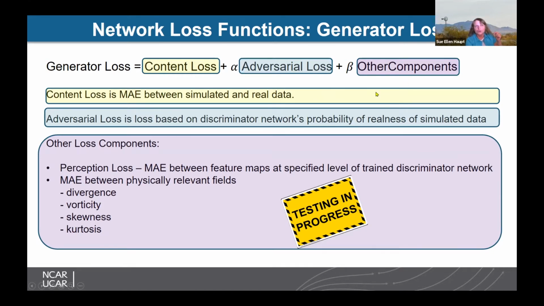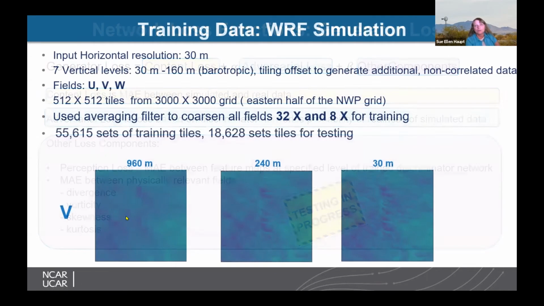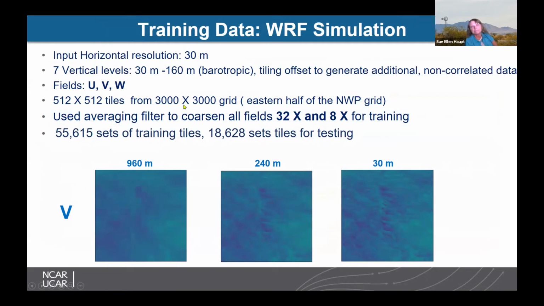Now, you can also add in weighted other components, things like perception loss, that is trained from a previous network discriminator network, or you can bring in physical variables. For instance, in this problem, we're studying the impact of adding things like divergence, vorticity, skewness, kurtosis to get that fine scale detail.